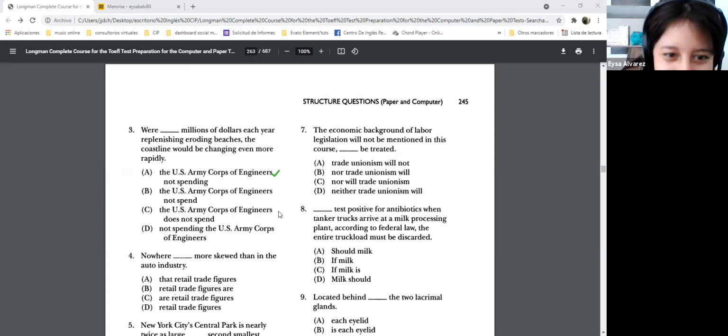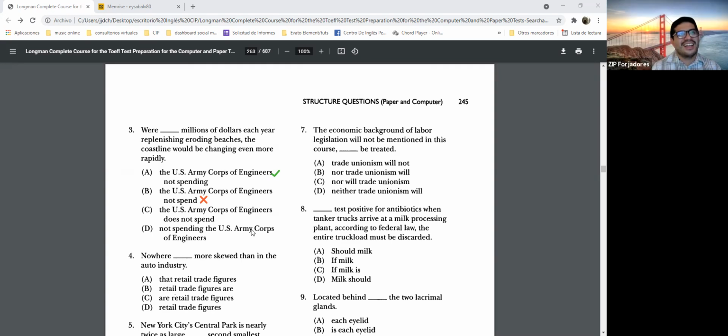That's why I chose that one. The U.S. Army Corps of Engineers not spending. I was also thinking about the letter D, but maybe not, because "we're not spent" sounds weird. It doesn't agree with "spend".